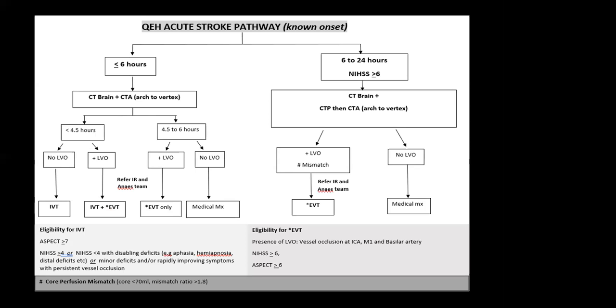So we'll move on to talk about the acute stroke pathway in the Queen. At this moment, for patients with symptom onset of less than 6 hours, first we perform a CT brain or a CTA from arch to vertex. For those less than 4.5 hours with no large vessel occlusion, we proceed with IV thrombolysis.